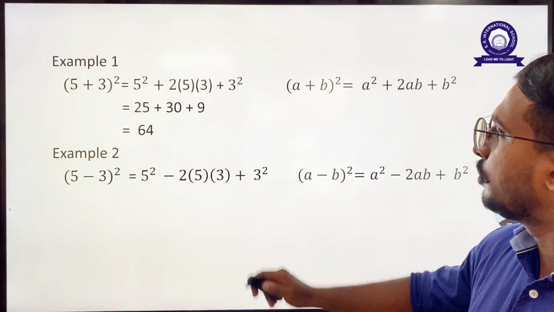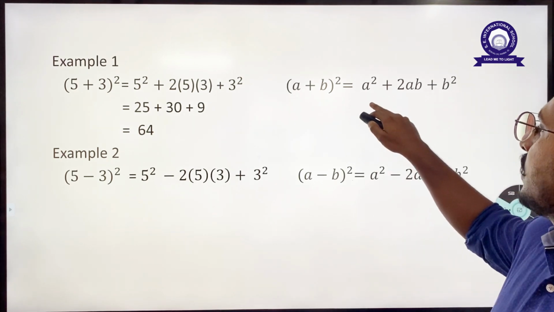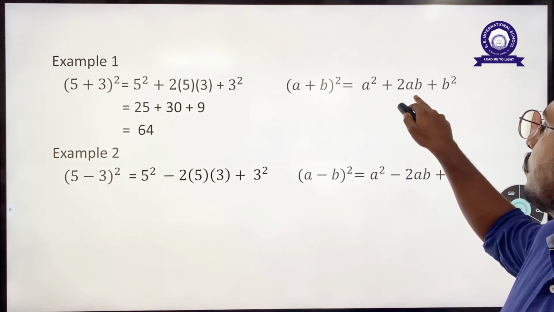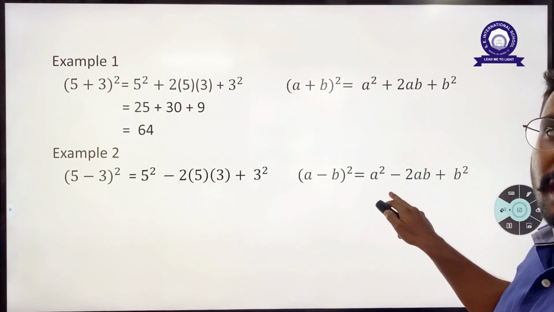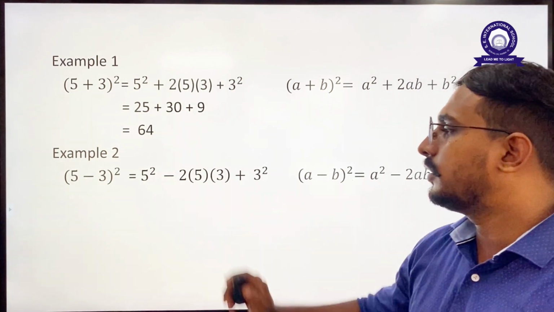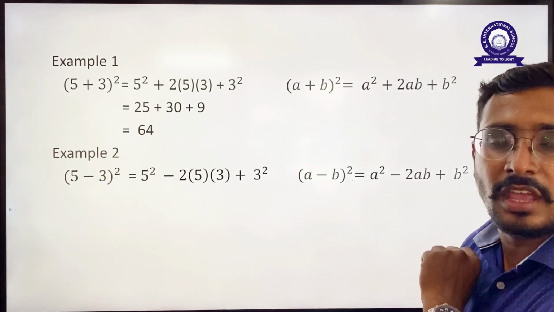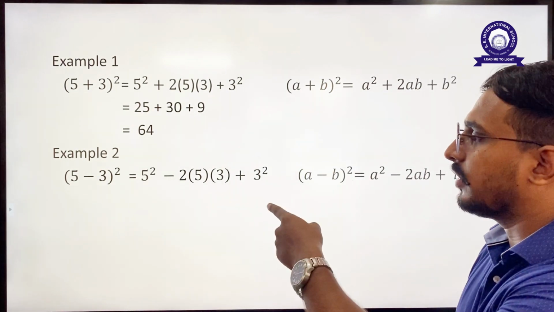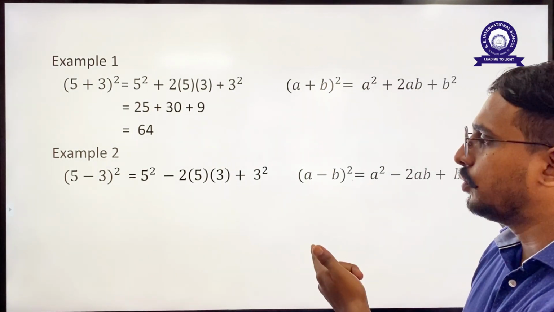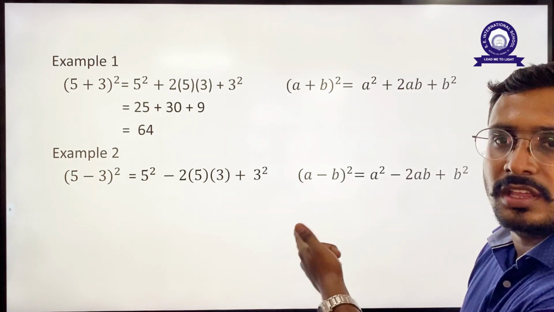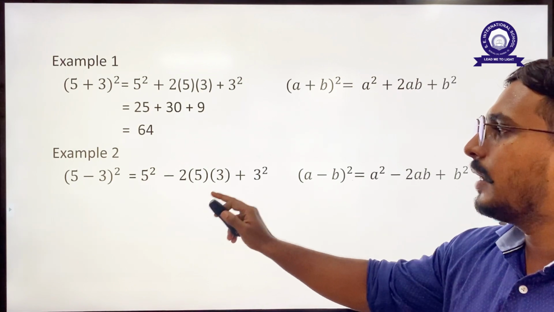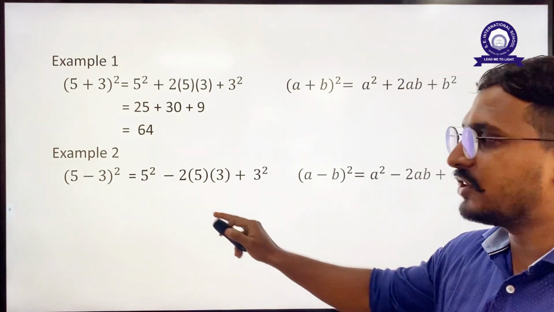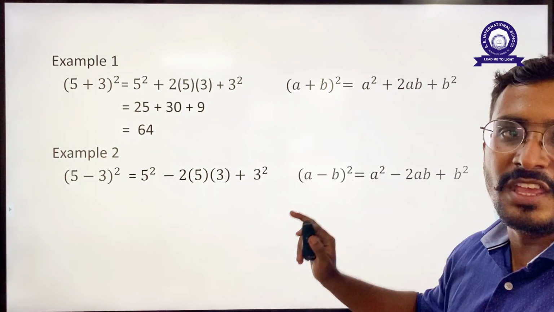Students, in the plus case the middle term has a plus, and over here there is a minus. With our formula, consider a as 5 and b as 3. So we take 5 square minus 2 into ab, which is 5 and 3, plus b square.